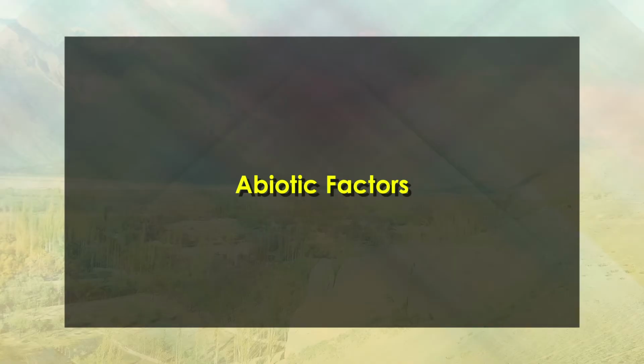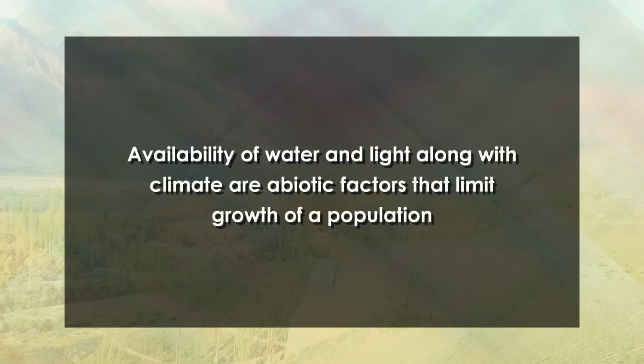Abiotic factors. The availability of water and light along with the climate are abiotic factors that limit the growth of a population. Producers responsible for the synthesis of organic material need water and light to synthesize food.